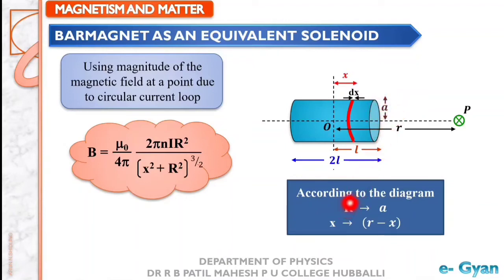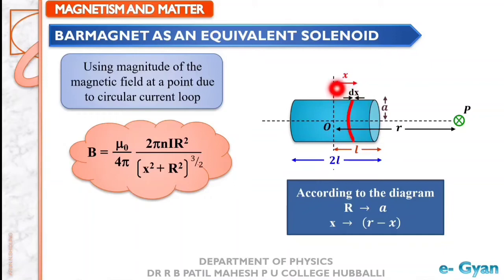So we are going to replace capital R with small a, and x is the distance from the center of the circular loop to the point P. Presently the distance comes out to be r minus x.